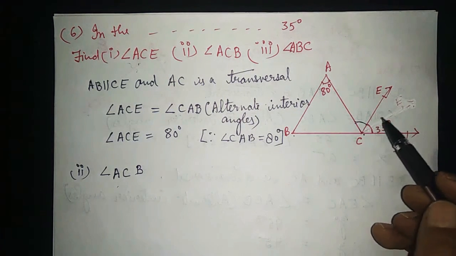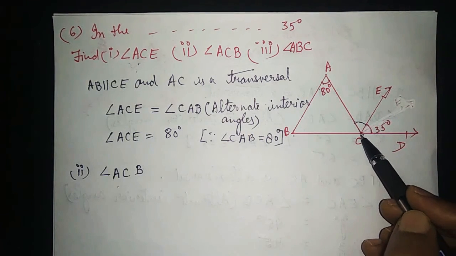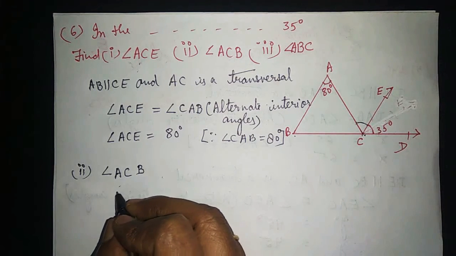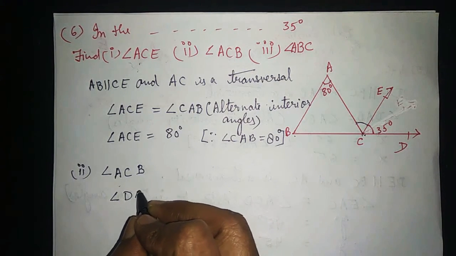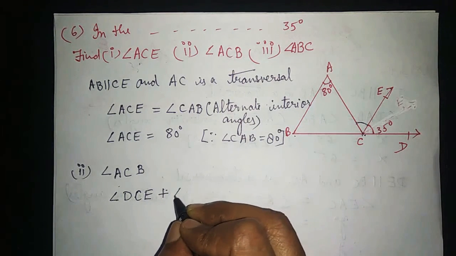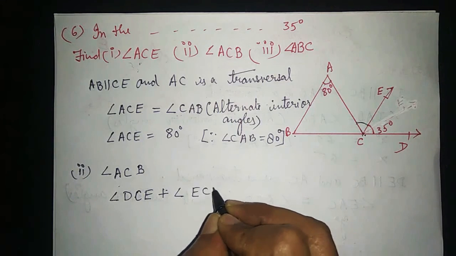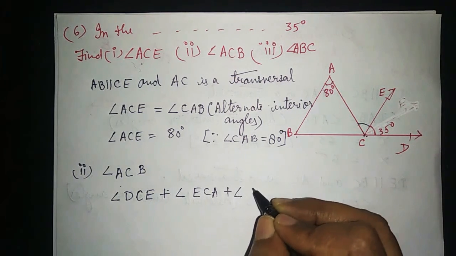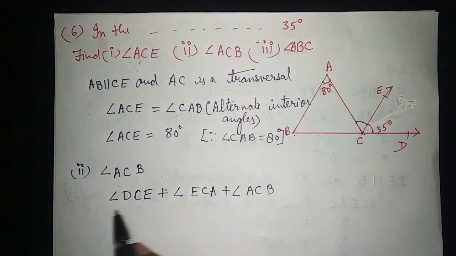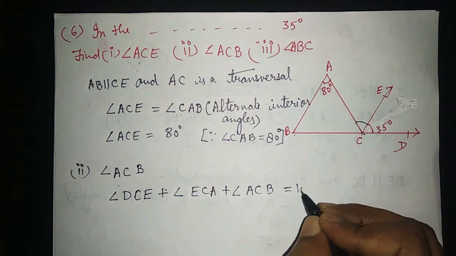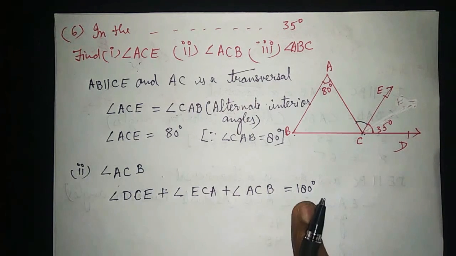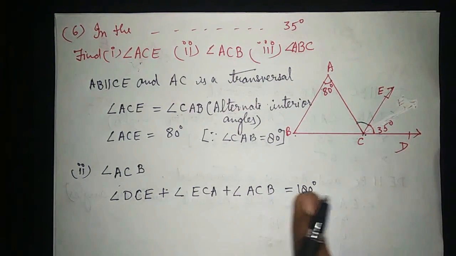Here you can see three angles on the point C. Okay, here you can see three angles, angle DCE plus angle ECA plus angle ACB, and you can see that the sum of these three angles, I am writing, that these all are equal to 180 degrees. Why is the sum of these three angles 180 degrees?